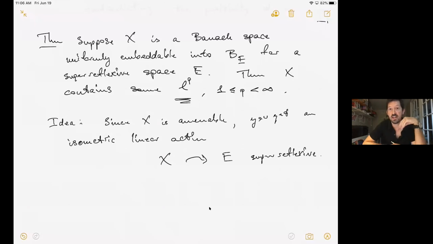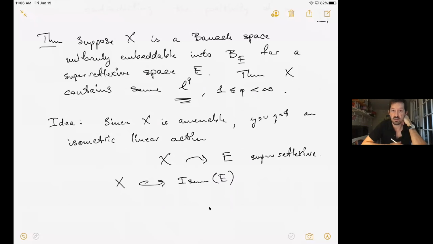And it's an isometric linear action which actually will give you an embedding of X into the group of linear isometries of this super reflexive space.